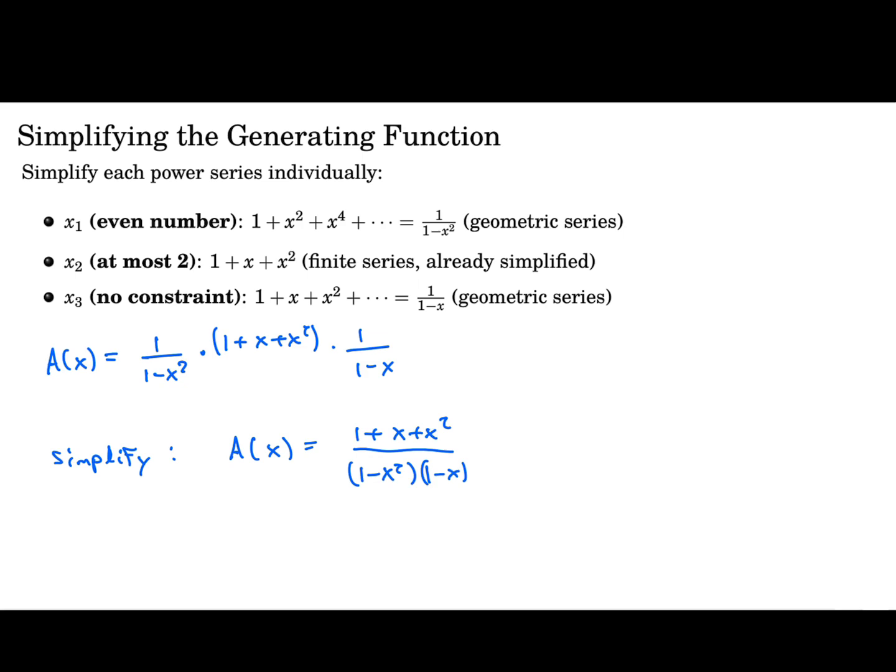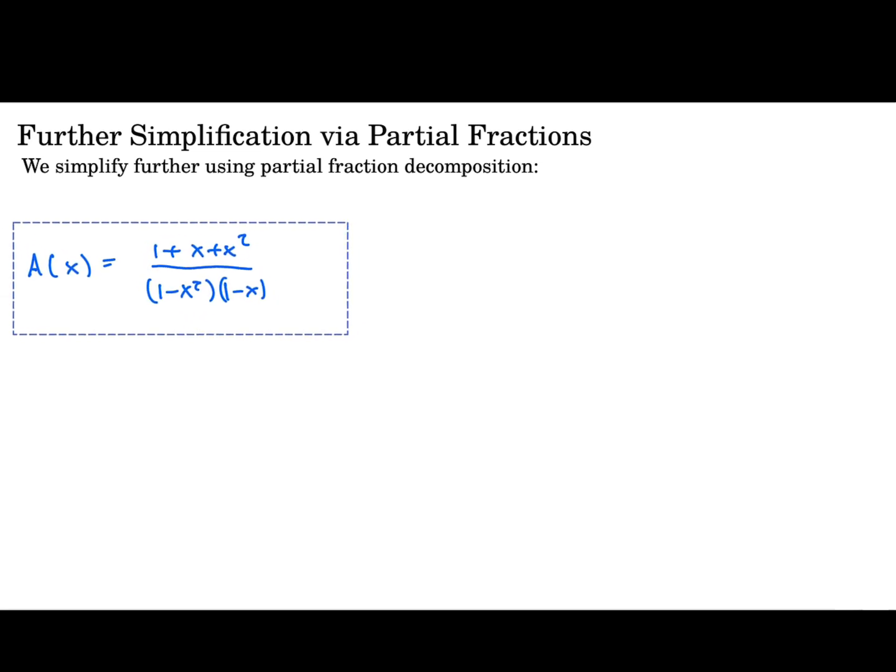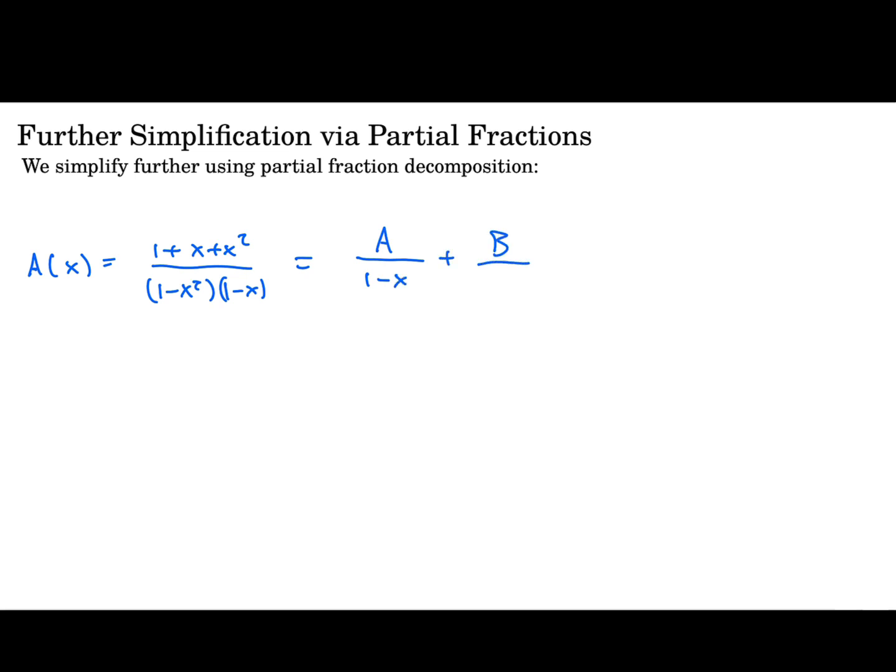Now for this example, we're interested in this A of x. And what we can do is find constants such that this is equal to a over 1 minus x, plus b over 1 minus x squared, plus c over 1 plus x.